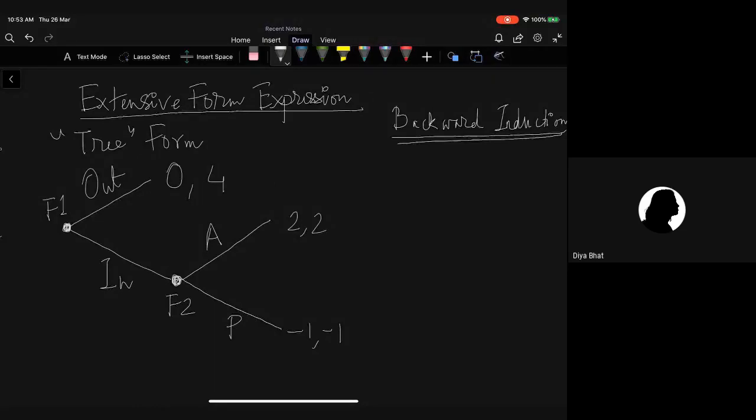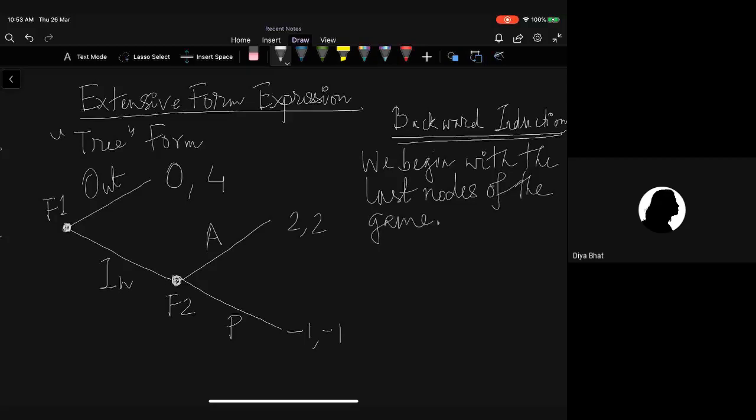We will start with the last nodes where a player moves. So we'll start with the last nodes of the game, the last time any player gets to move.